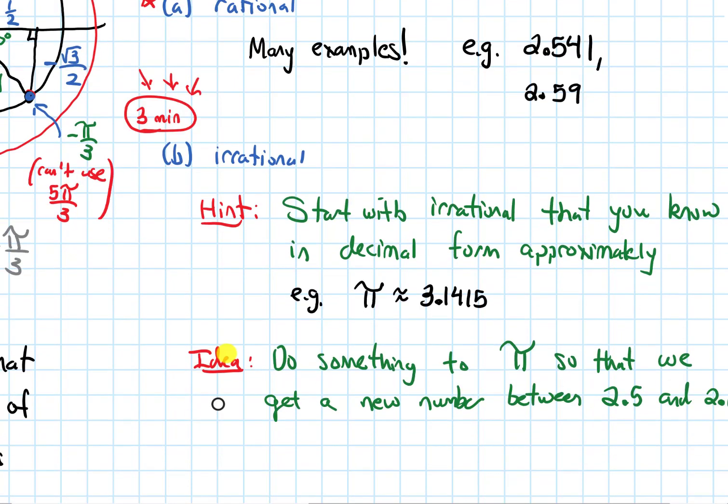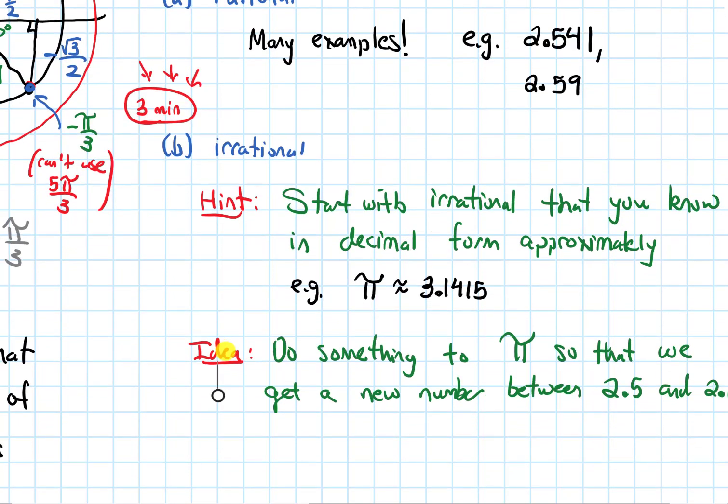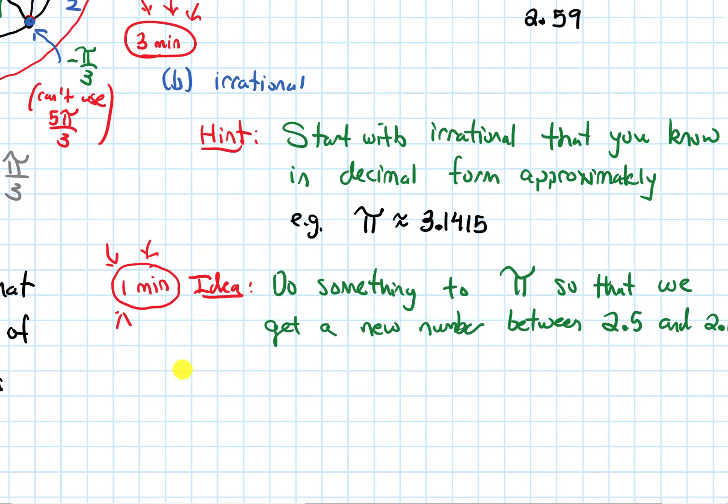So I know that may be a little bit open-ended, but I want you to think about that. I'm going to ask you to pause it one more time for 1 minute to think about this. 4, 3, 2, 1. Pause it and try that for a minute. Alrighty, now let's talk about it together.